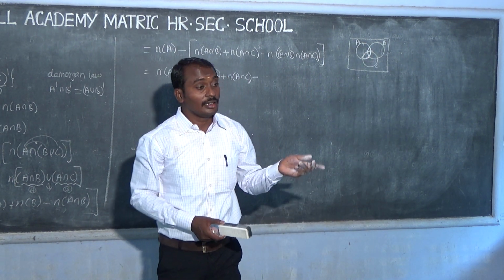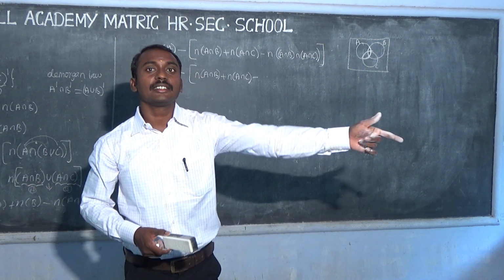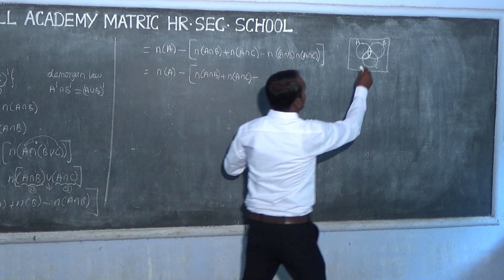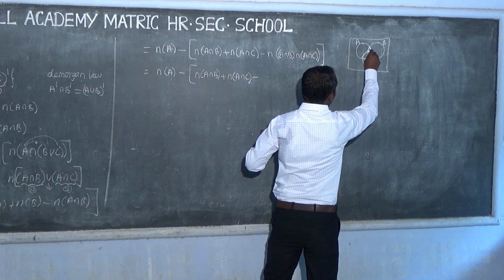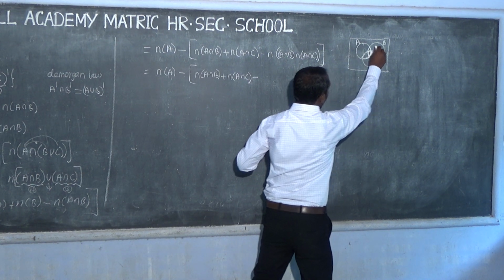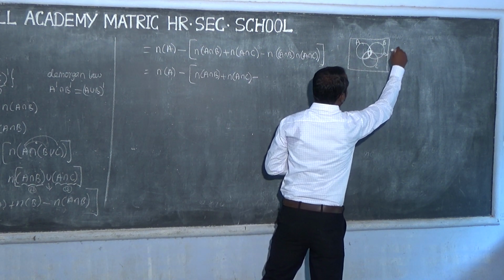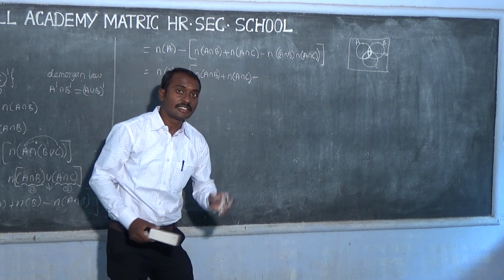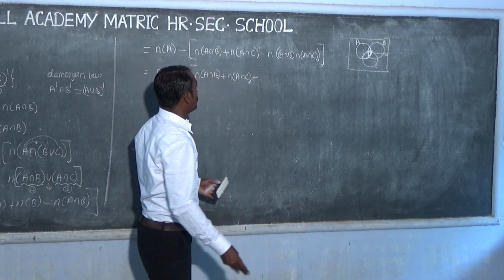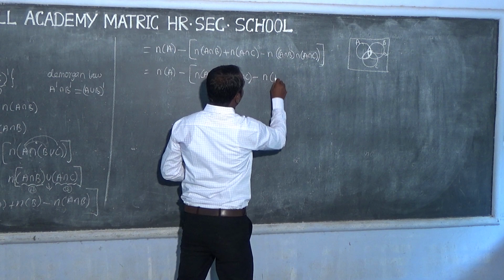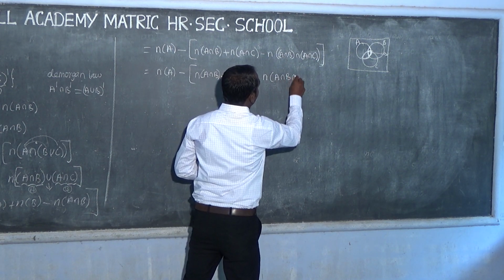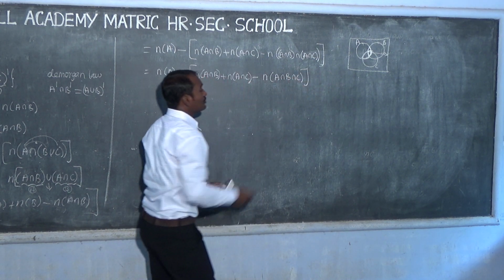What is the A intersection B intersection A intersection C? We can get only this area. The area name is A intersection B intersection C. That's why I am writing n of A intersection B intersection C.